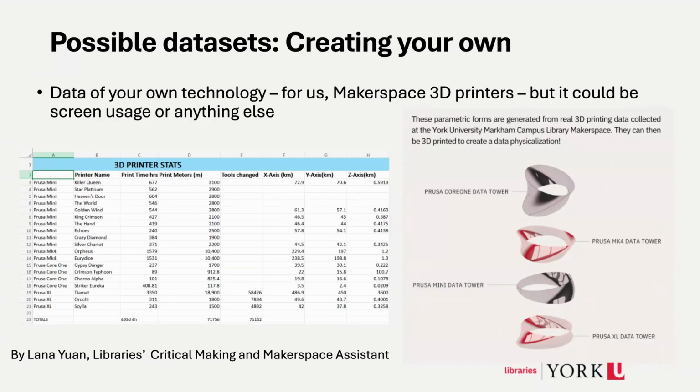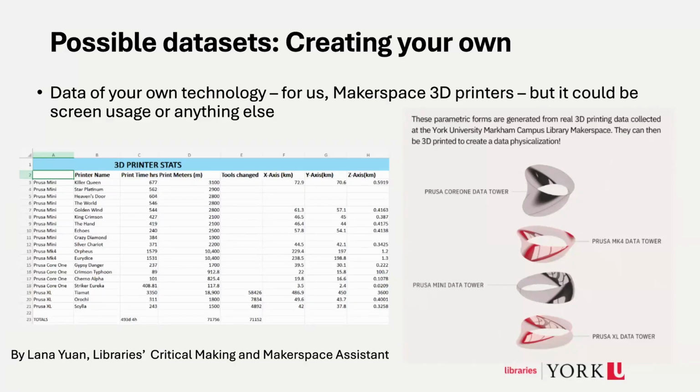Or one can create their own. So Lana is going to explore this more with us very shortly, but we thought we would share about how you can use data of your own technology. So for us, we don't expect all students to have this, but for us at York University Libraries, we have several makerspace 3D printers.